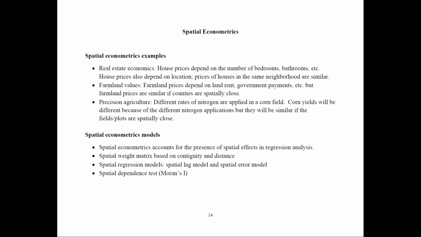And we will use 2 criteria: based on contiguity, whether or not counties or objects touch each other, and on distance, how far away they are from each other. And we will estimate 2 types of models, the spatial lag model and the spatial error model, depending on where that spatial correlation is coming in, for the dependent variable or for the error term. And we will also talk about the spatial dependence test.